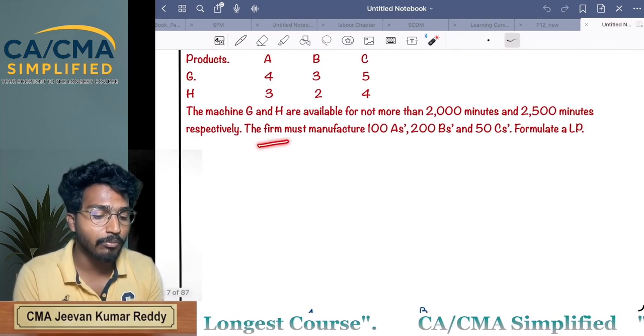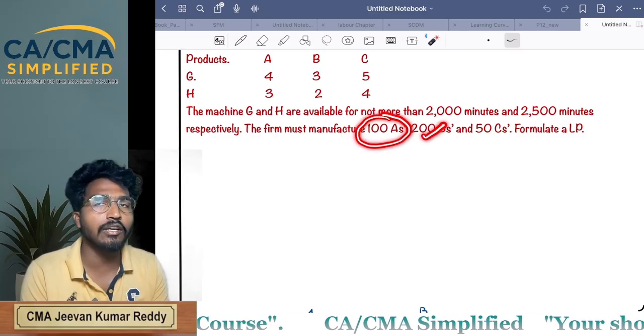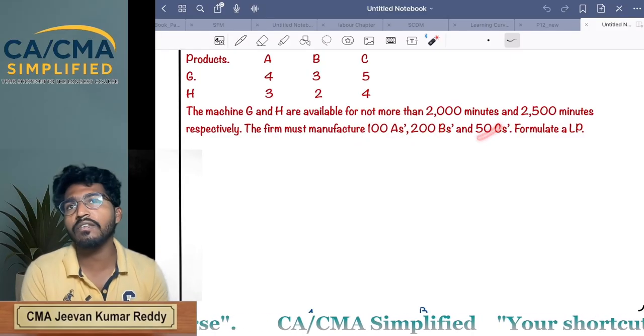The firm must manufacture at least 100 units of A, 200 units of B and 500 units of C.